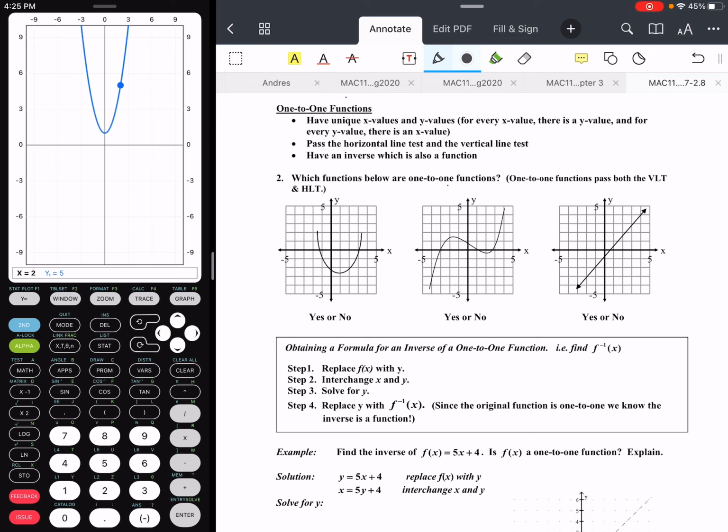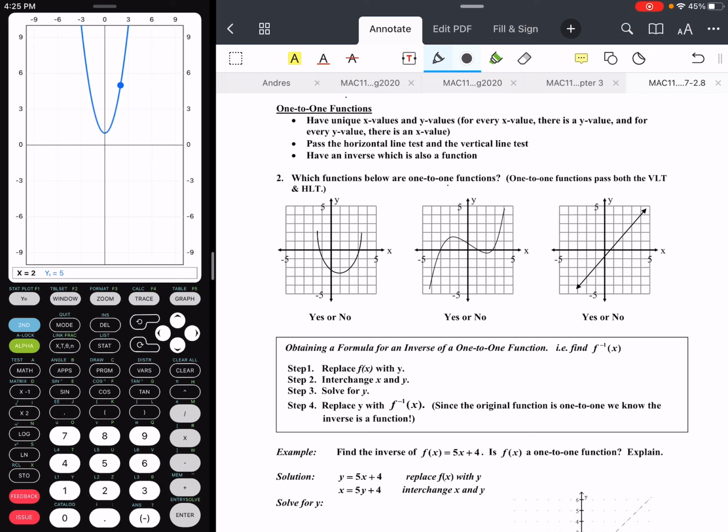It hits 1, 2, 3 times there. Not a one-to-one function. So this is a function, but it's not a one-to-one function. Yes, it passes the vertical line test, but no, it's not a one-to-one function.